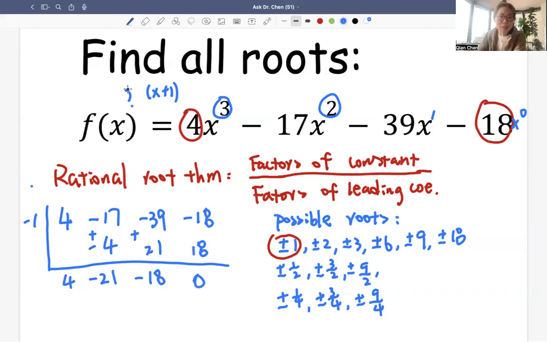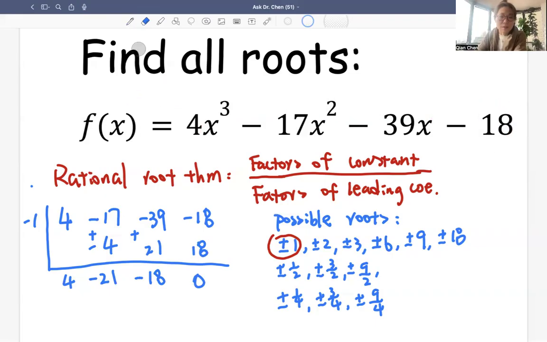Which means indeed this function can be written in a factored form: x plus 1 times 4x squared, 4 comes from this guy, minus 21x coming from here, minus 18.